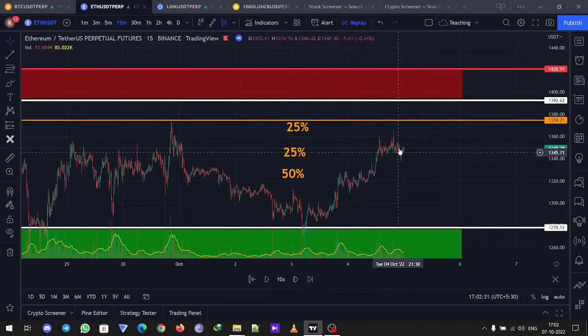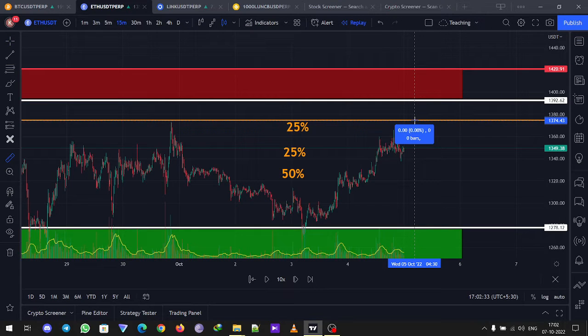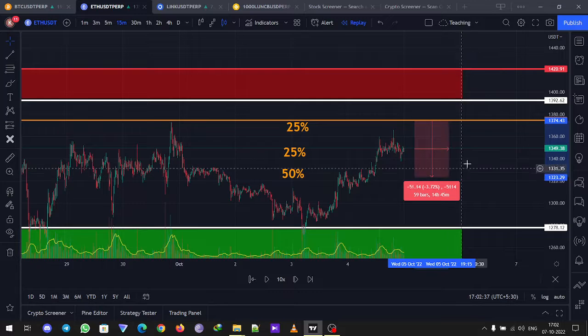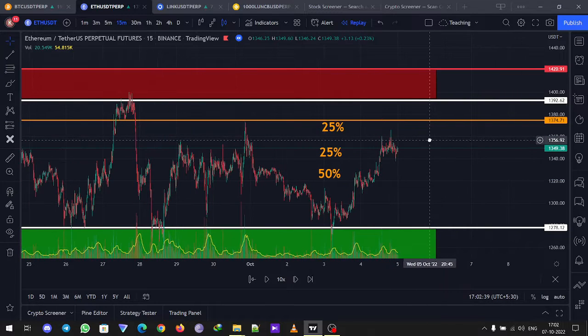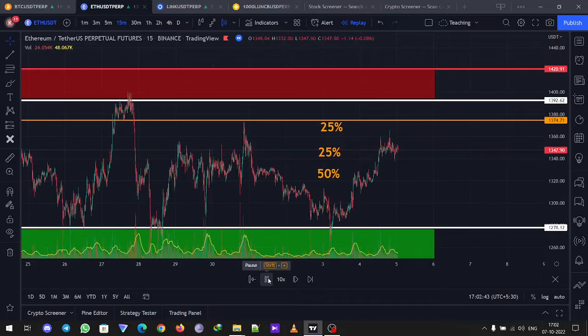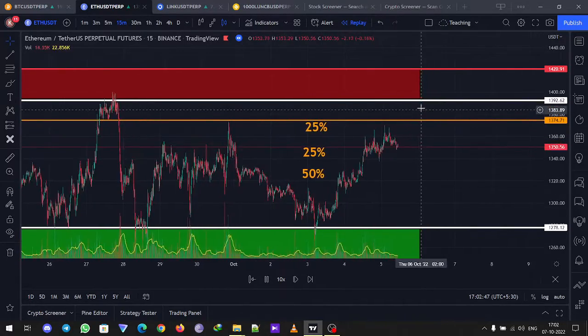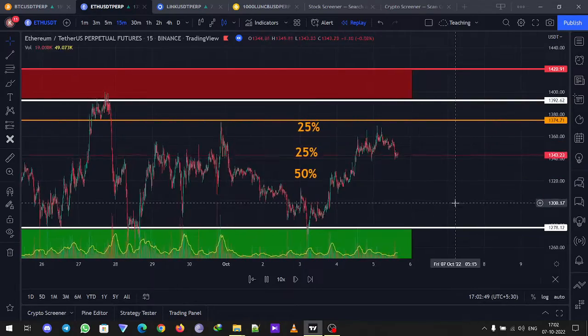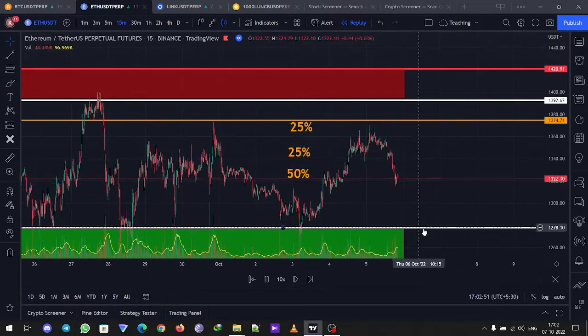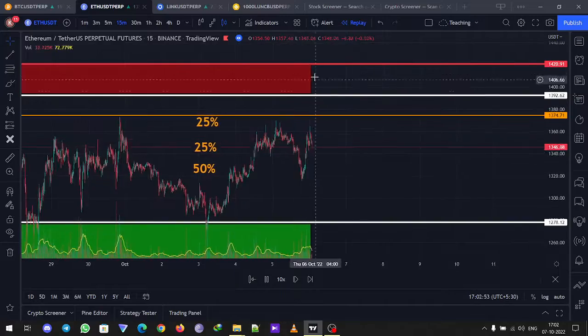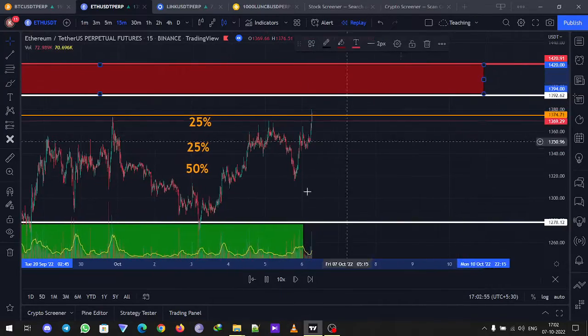So we will wait for the price to go to this level, and after that, at this price level, we will place our short order, and let us wait for the market to go there and our order to get executed. Let me just extend these zones.